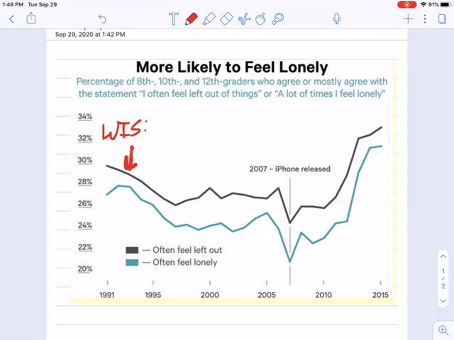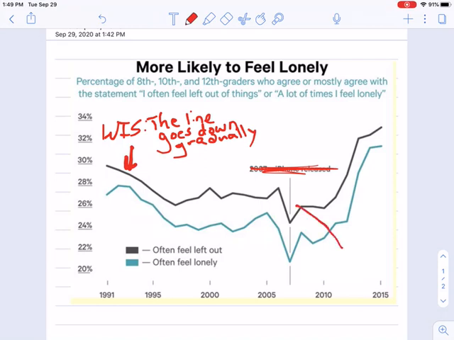So what I see: the line goes down. And I can say gradually. Compared to the rest of this, it's pretty gradual. Okay, so that's one W-I-S, what I see. Maybe another place is right here.